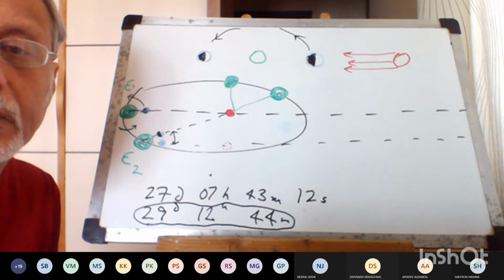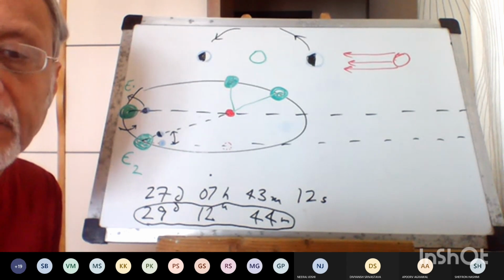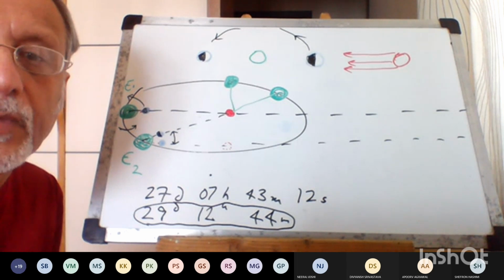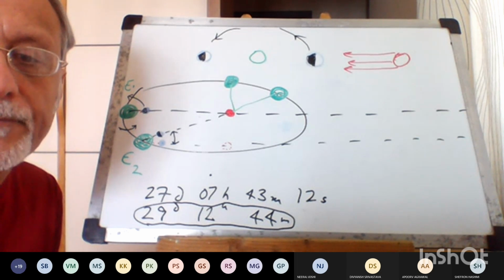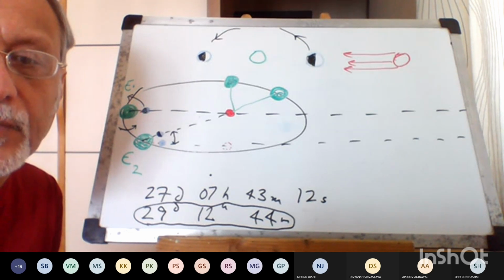Let's go to the nodes, ascending node and descending node. I will show you a picture from the book now. Spend a few moments over there and then we will discuss the phases of the moon.